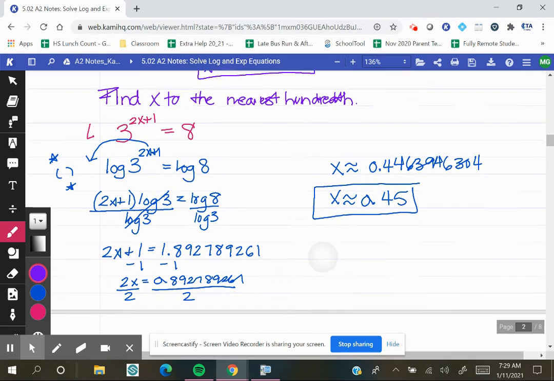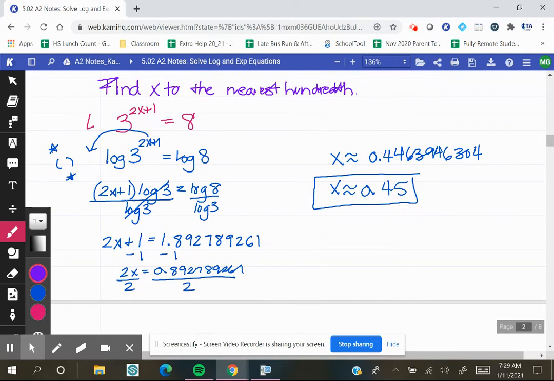For this one, going back to here for a minute, once you isolated, which we already had, you could, just from the beginning actually, rewrite this as a log base 3.